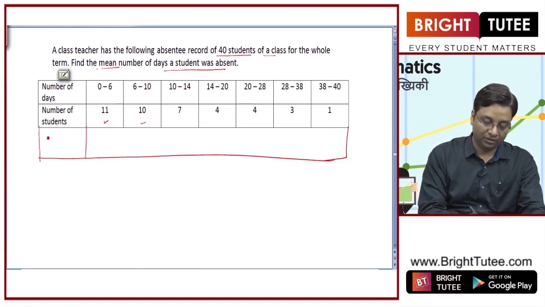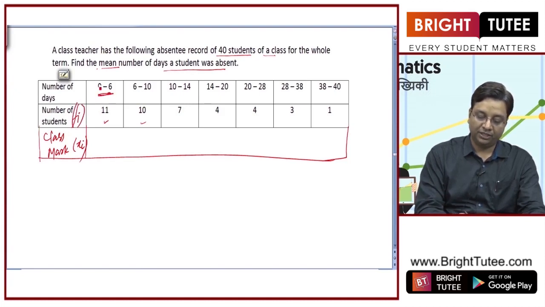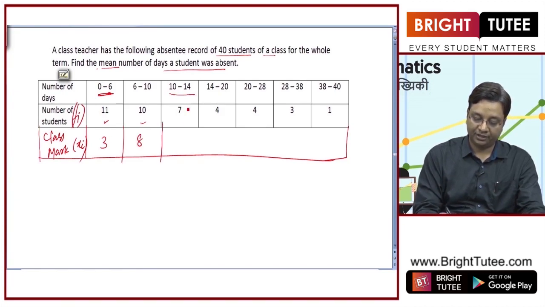So we will look for class mark here, class mark or xi, and this is our Fi, right? So sum of upper limit and lower limit divided by 2, 3, this will give us 8, this will give us 12, this is 10 plus 14, that is 24, 24 divided by 2 is 12.